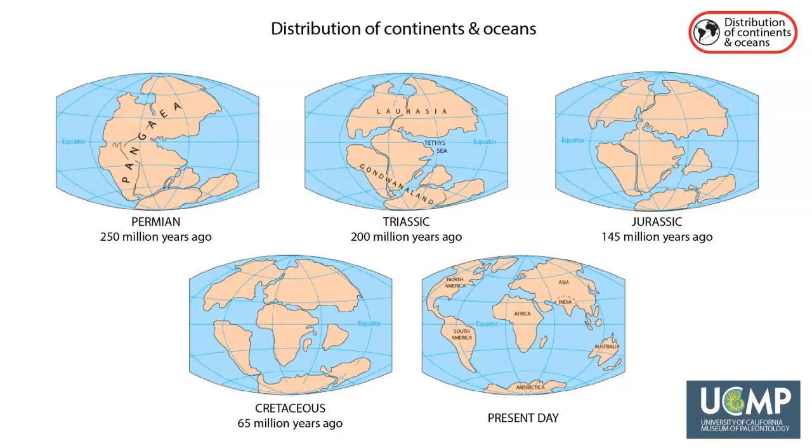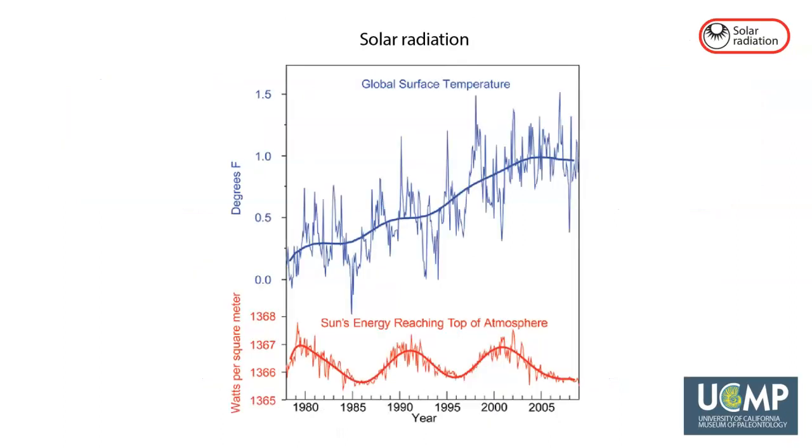And then on this slide, we are taking a look at plate tectonics and how they have changed the distribution of land and water cover over our globe. And then there have also been some slight fluctuations in the amount of energy released by the sun for more than 40 years. If this is something that interests you, you can certainly research this on your own.